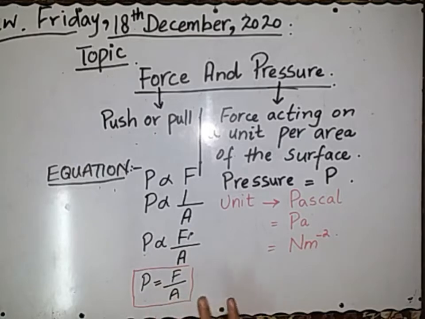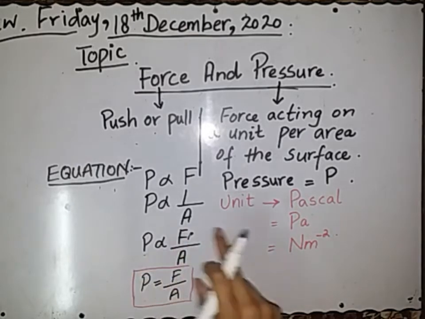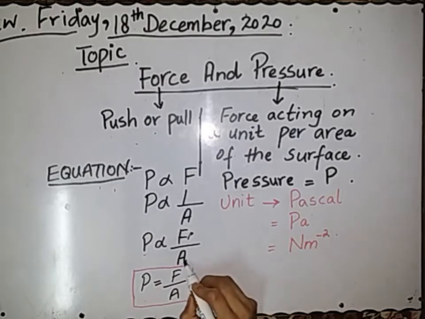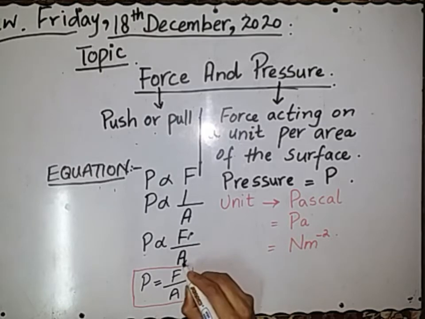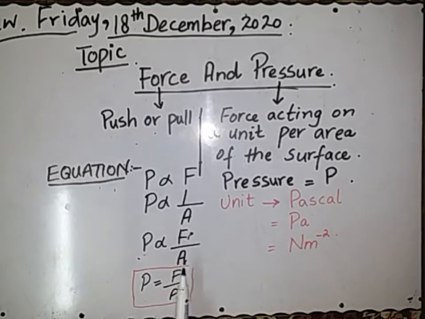The pointed heel has less surface area, so it produces large pressure, and the flat heel has large surface area, so it produces small pressure. So it is easier to wear a flat sole as compared to a pointed sole.